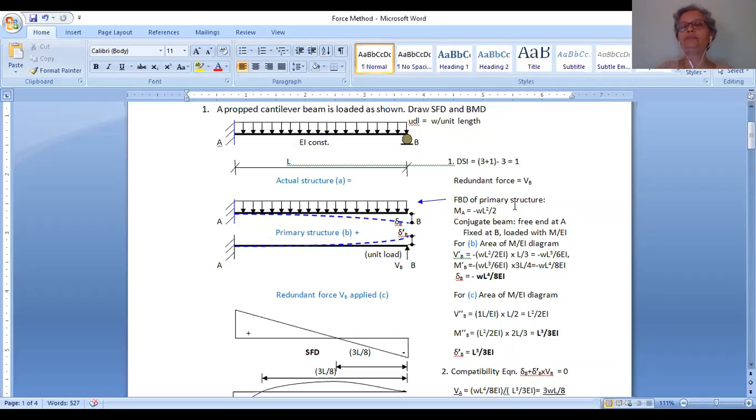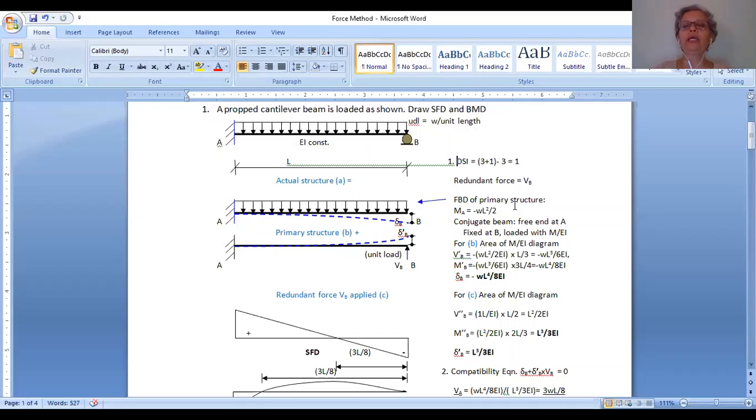Any doubt here? No, ma'am. Okay. I want to find out the displacement with the easiest method. I have considered the conjugate beam method. It's not compulsory for you to use the same method. You can use the moment area method or the double integration method, whichever you think is appropriate.